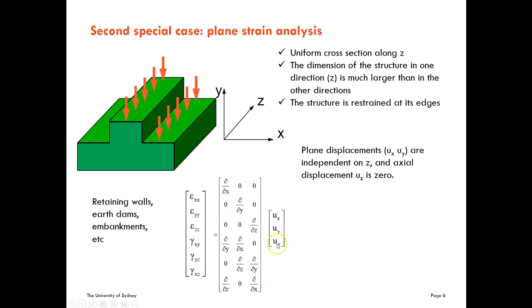And this is going to be the derivative of uz with respect to x, that is 0. So this is going to be 0 and this is going to be 0. The other ones are non-zero. Okay, let's check again. Yes. This one is going to be 0 and this one is going to be 0. So all the components of the strain with a z in the indexes are going to be 0.